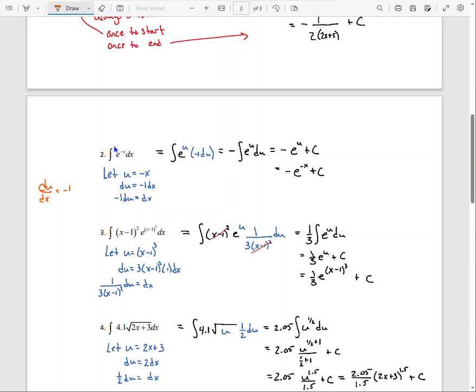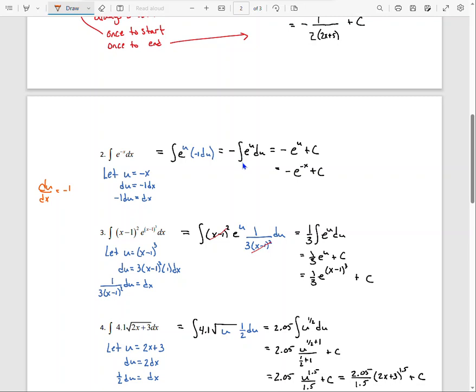Now we do the substitution. The antiderivative, or the integral, of e to the u, and then instead of dx, we'll have a negative 1 du. I'm multiplying here, so that negative 1 becomes a coefficient, and if you want to write the 1, you can. Mathematicians are far too lazy to waste time writing a 1.